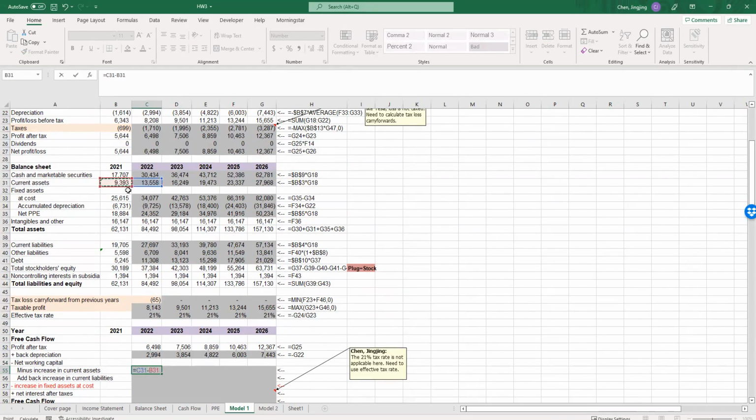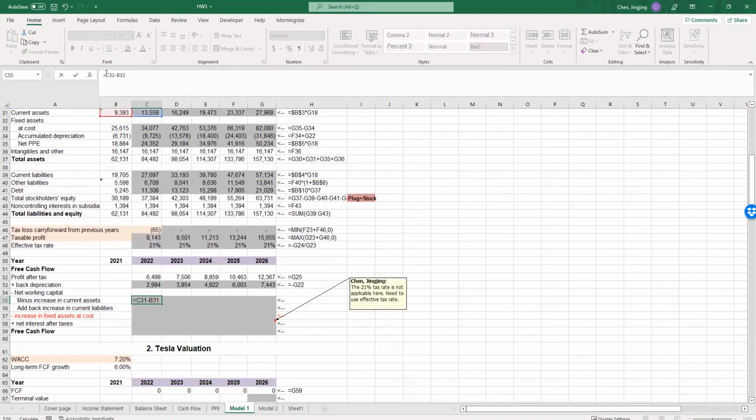And I want to increase current liability. So delta current liability minus increasing fixed asset at cost.